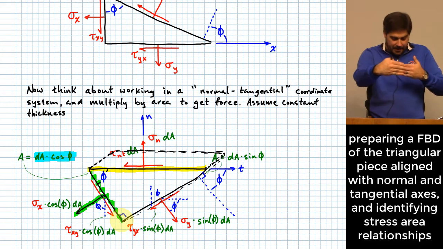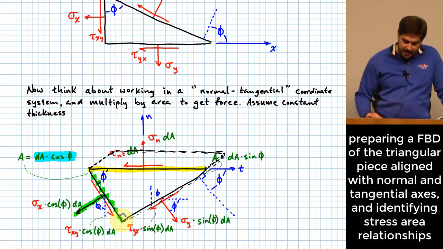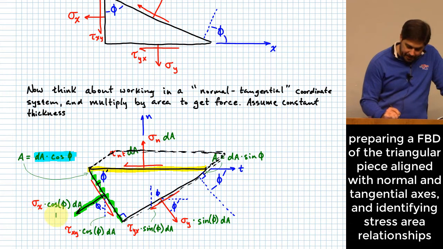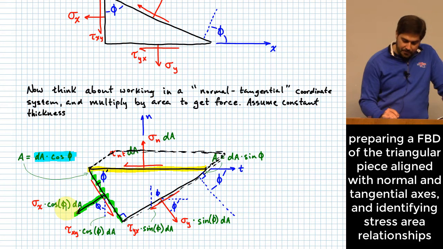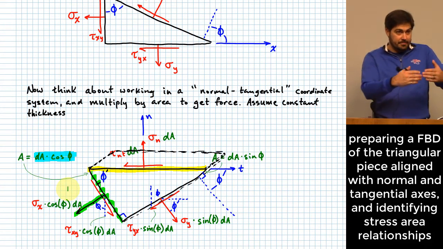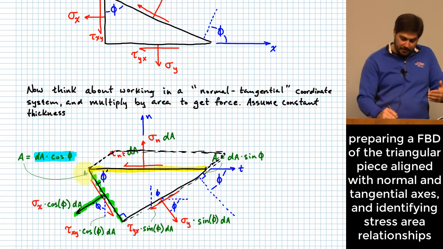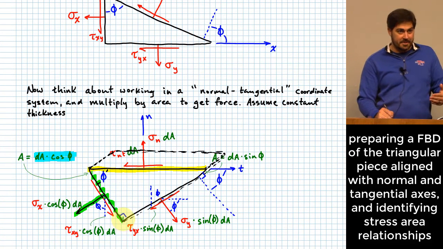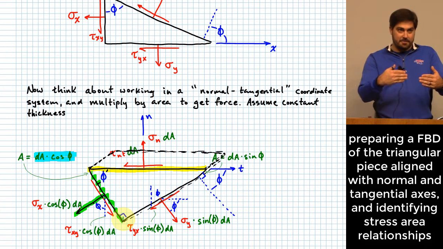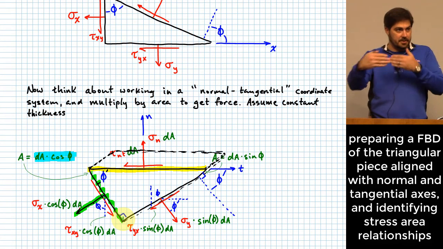Because of that, I can take the amount of area that I had up on the upper side and multiply it by the cosine of phi, which, if I was doing length, would give me the length of that side. But since I'm using area, it gives me the area of that side because it's all the same thickness. See how that works?